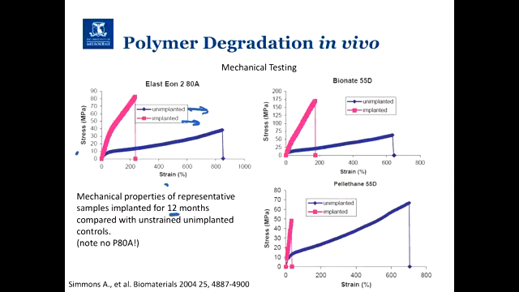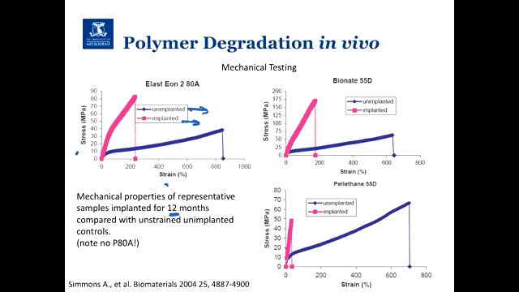So implanting these materials into the sheep for 12 months, then explanting them, and then doing the mechanical testing, so you put it in there and measure the stress and the strain.